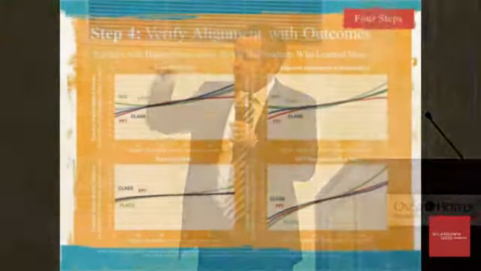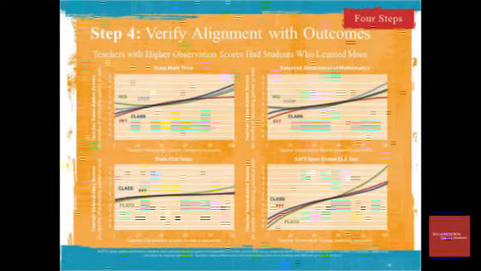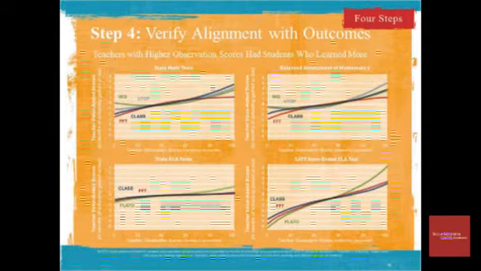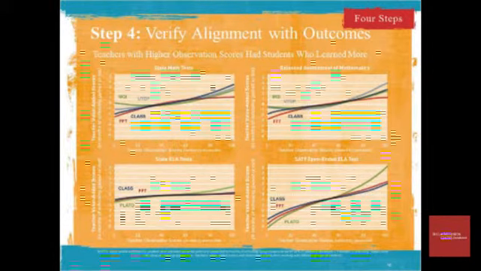Now, what I'm plotting here, I realize it may be hard for some people to read. On the x-axis is the percentile score on each of these observation instruments. So FFT is Framework for Teaching. CLASS is Bob Pianta's CLASS rubric.